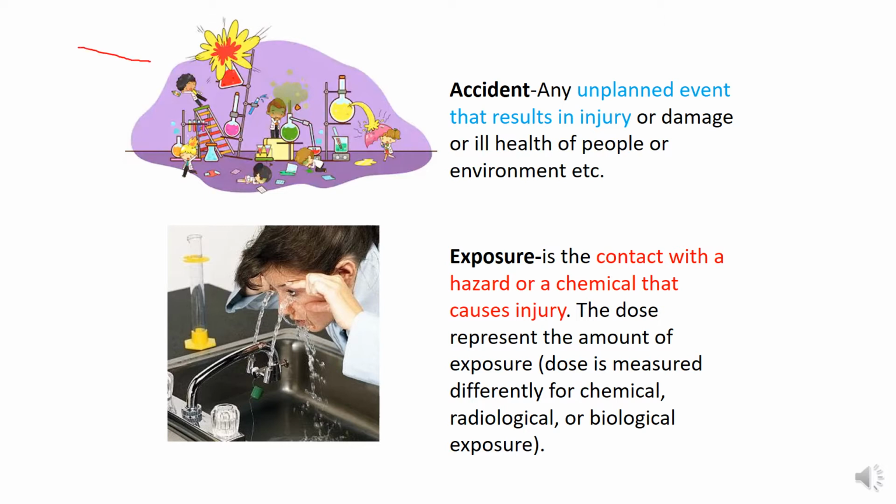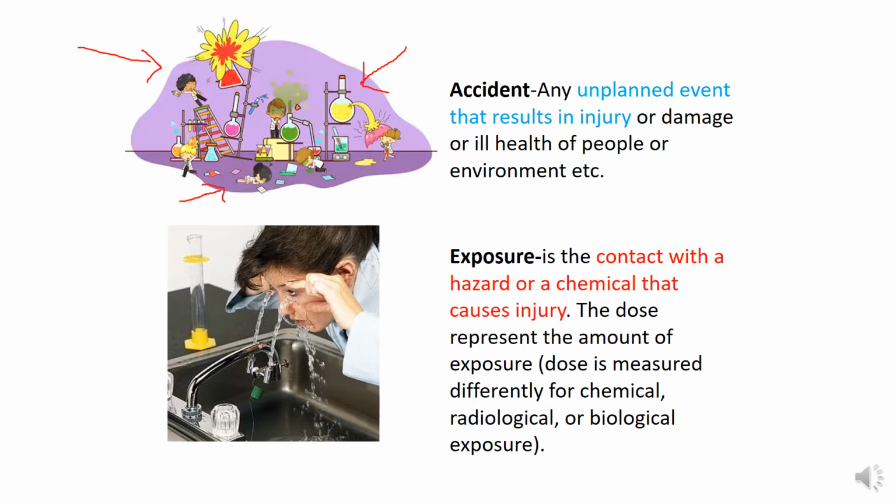You are grabbing certain utensils or different tubes or other items, and an unplanned event can happen, and destruction can happen. This is an unplanned event that results in injury or damage or ill health of people or the environment.